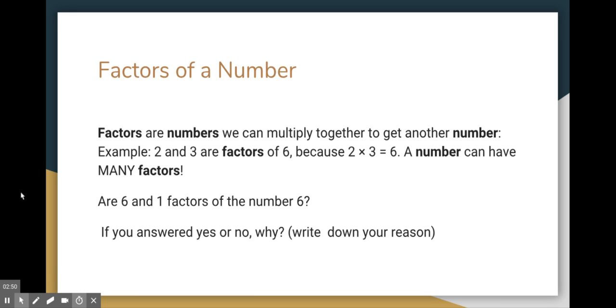So Juanita said yes because 6 times 1 equals 6. Jose, who's always disagreeing with Juanita, said no, because 6 is as large as the number 6 and can't be a factor. Who do you agree with?